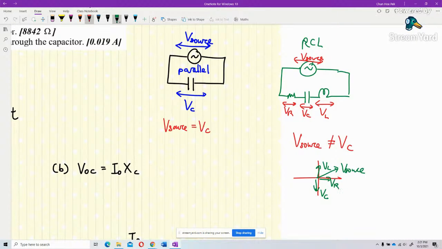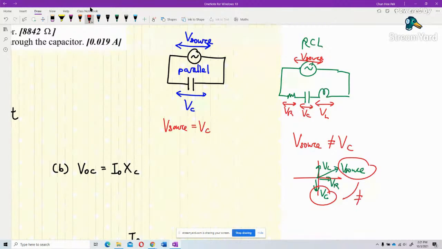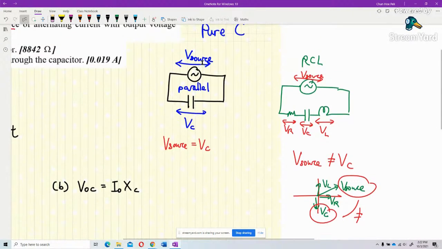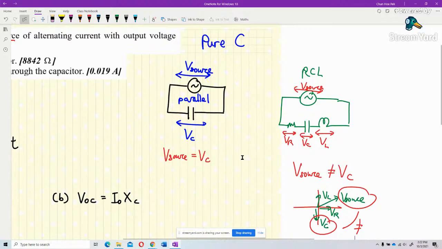So V source is not the same as VC. But for a pure capacitor, V source is equal to VC.